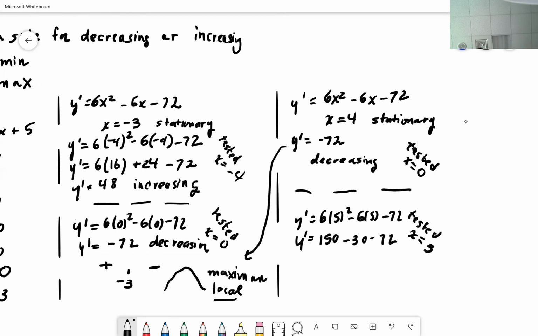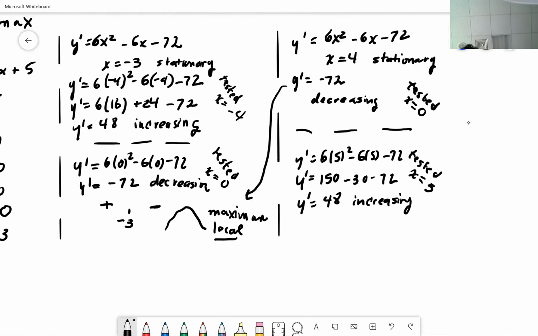You can see it's going to be positive, right? So that's 150 minus 30 minus 72. It is a positive slope of 48. So in this case, it's increasing.